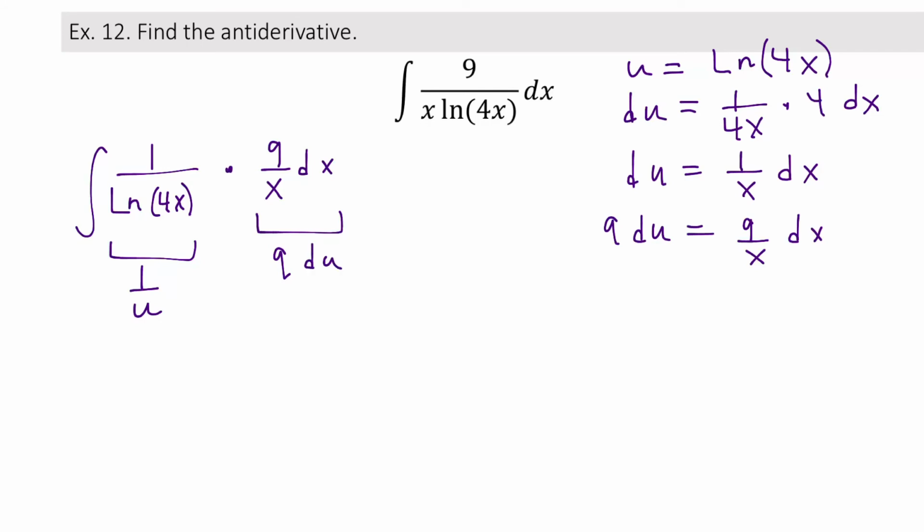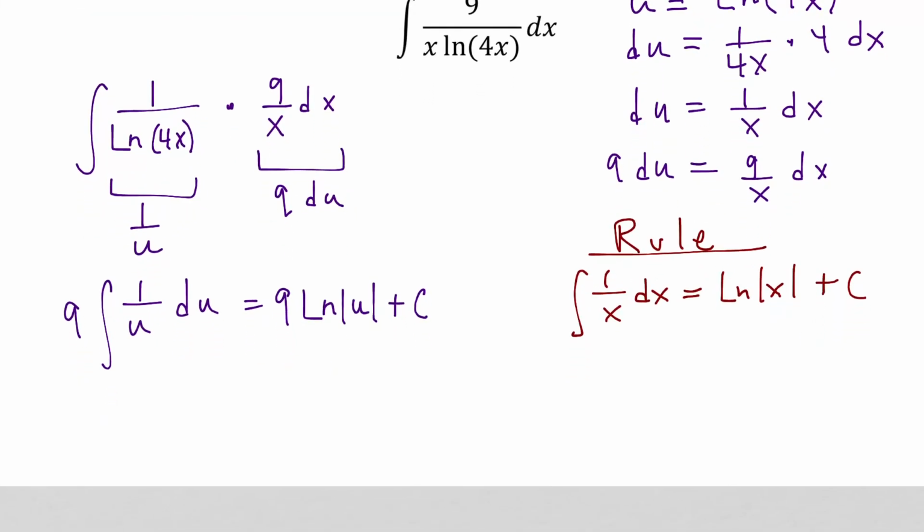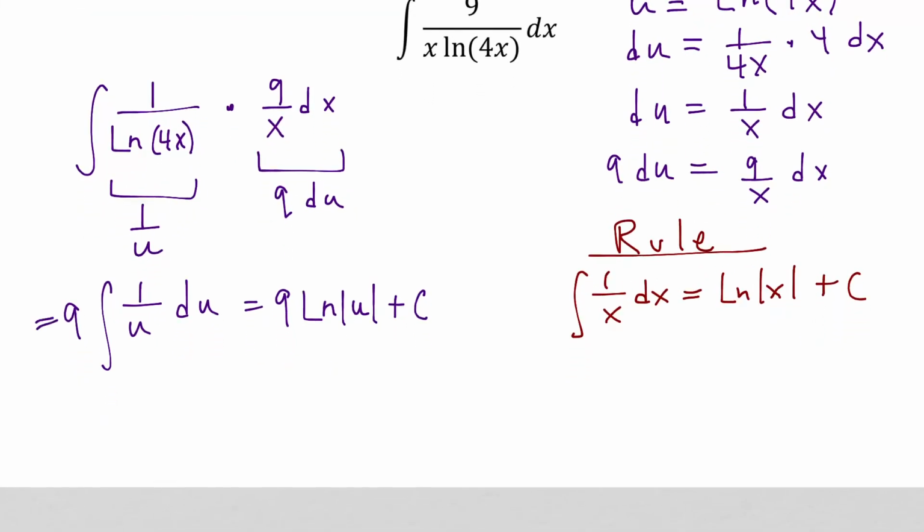So this is equal to 9 times the integral of 1 over u du. Okay, so we can use our same rule that we've been using. So there's our rule. So we have 9 times the natural log of the absolute value of u plus c. Right, now we're ready to put u back in to get our final answer.